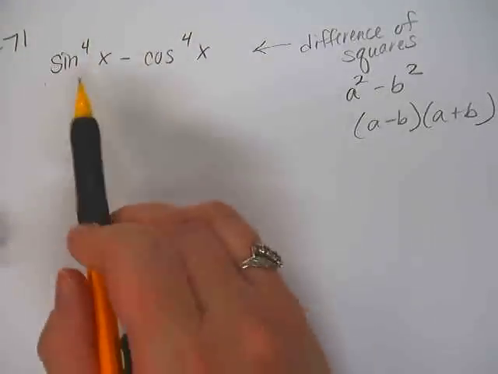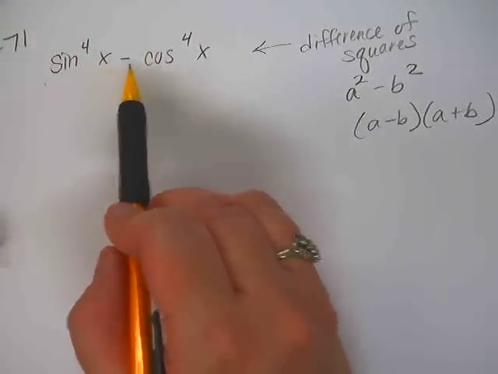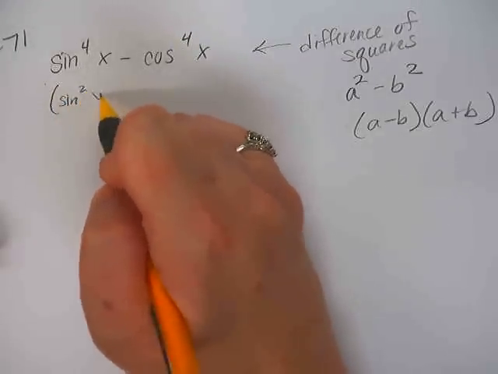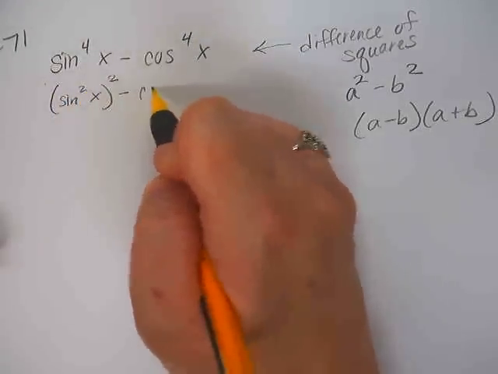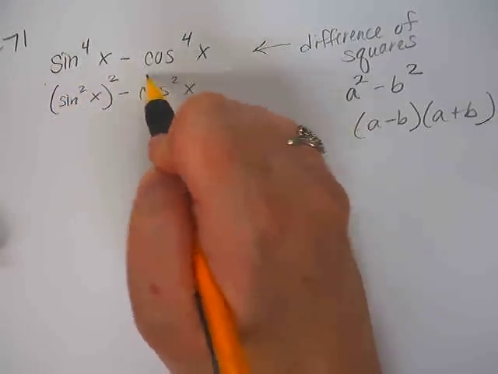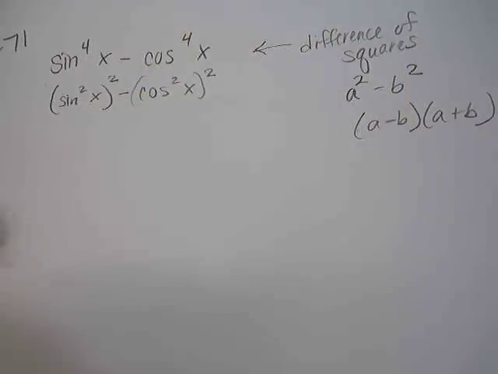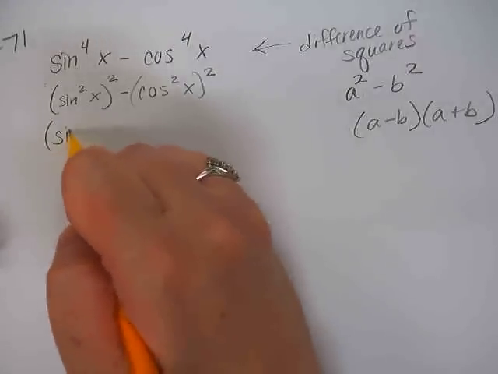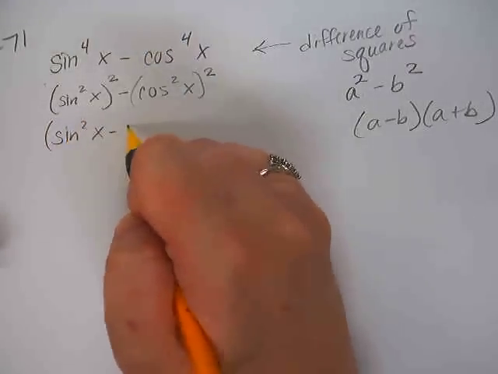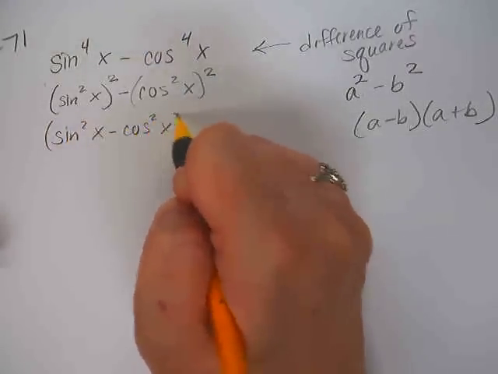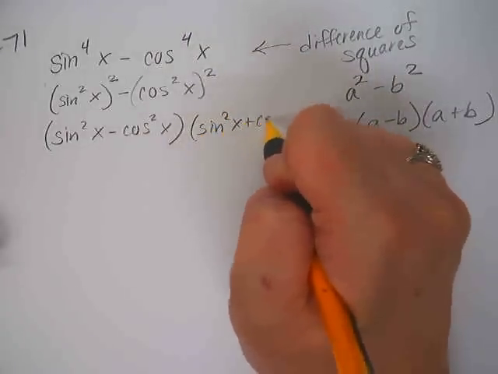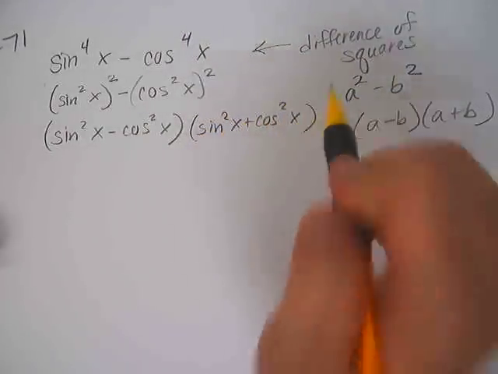Okay, now let's actually do it. So sine fourth x minus cosine fourth x would mean it's sine squared x squared minus cosine squared x squared, right? So there's your difference of squares. Then you can rewrite that as sine squared x minus cosine squared x times sine squared x plus cosine squared x.